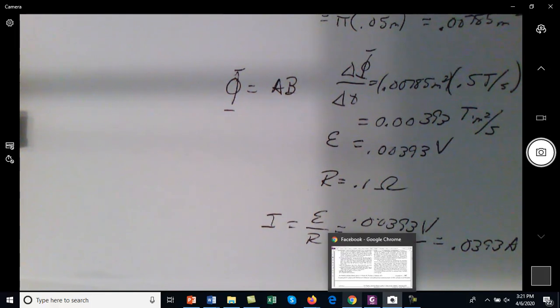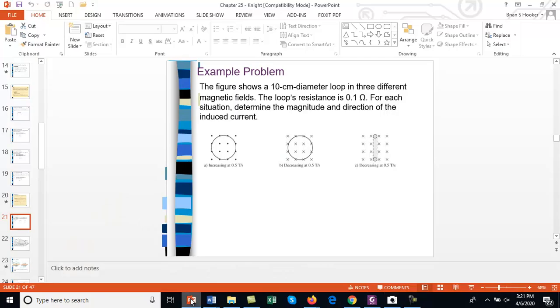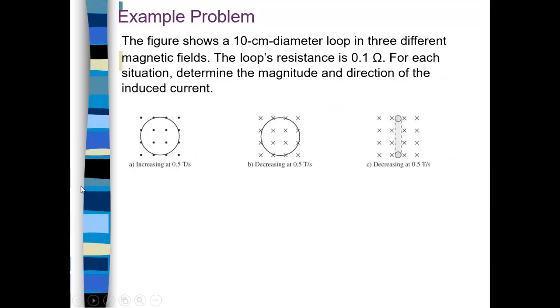Now if we go back to the second instance, and by the way, if that's increasing at 0.5 Tesla per second here, then our opposing magnetic field would be going down into the page.